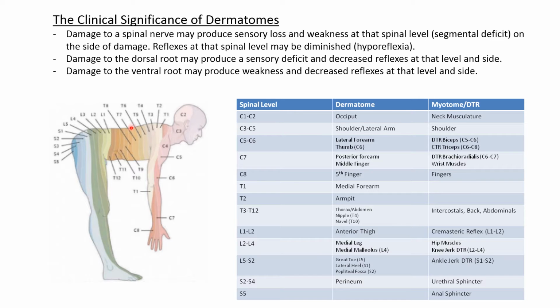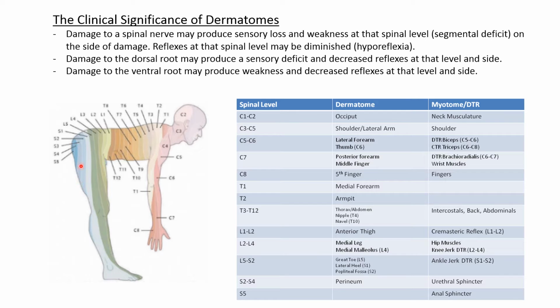And then the thoracic trunk is fed largely by the chest and abdomen, and then the lumbar levels get information from the lower trunk as well as the leg, and sacral levels get information from the lowest portion of the leg as well as the lower portions of the body.